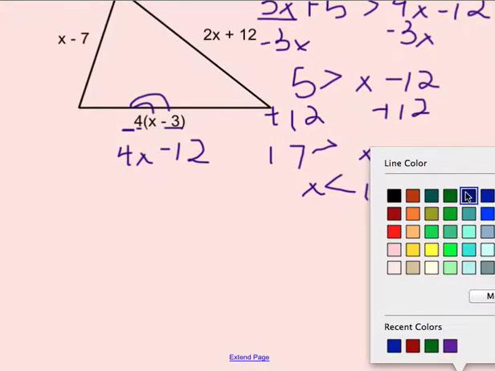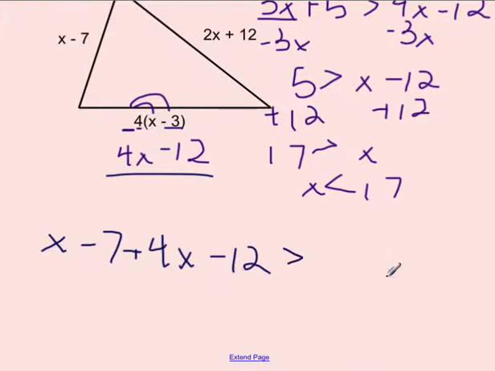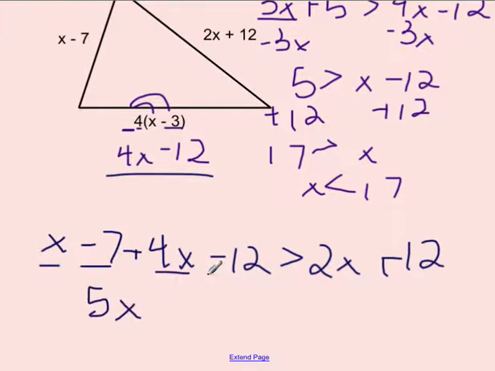So we're going to add 2 more sides. So now I'm going to take x minus 7, and now I'm going to take this side plus 4x minus 12 has to be greater than 2x plus 12. So x plus 4x is going to give me 5x. Negative 7 minus 12 gives me negative 19, and that needs to be greater than 2x plus 12.